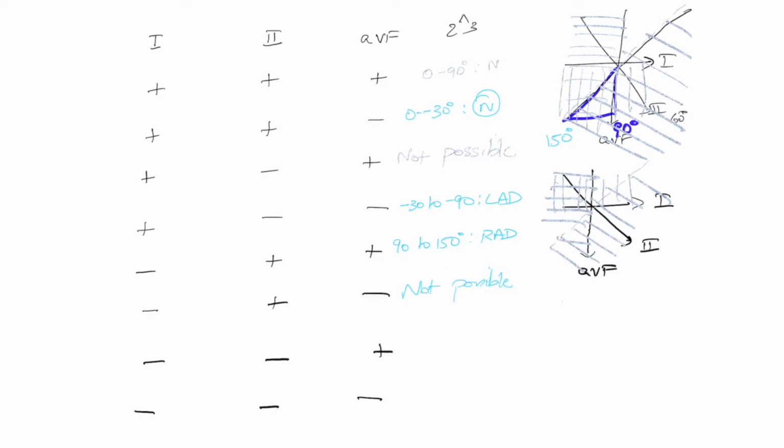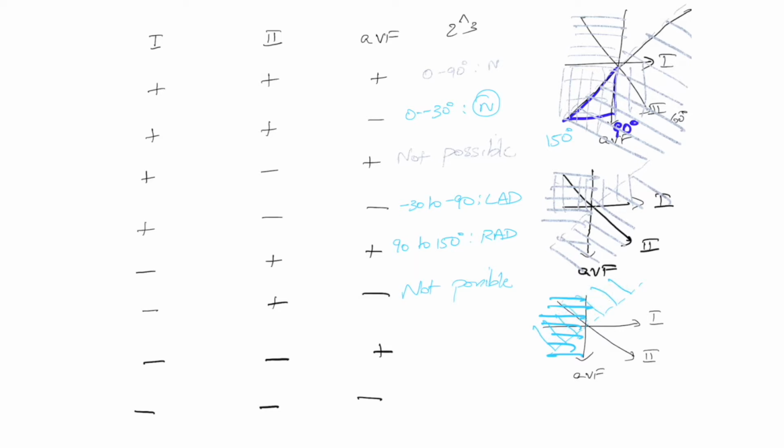Now, let's take up the next scenario. So you have leads 1, 2, AVF. So we said lead 1 is negative, so it's somewhere here. Lead 2 is negative. So let's have our imaginary line perpendicular to lead 2, and 2 is negative, so it's somewhere here.